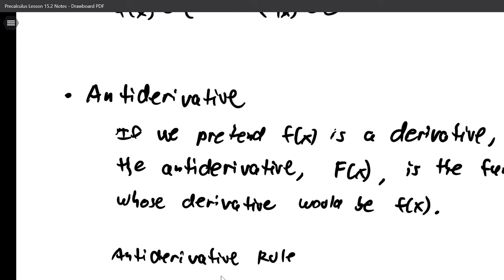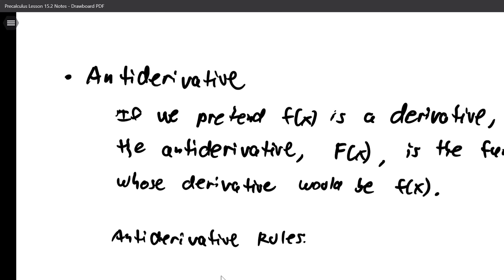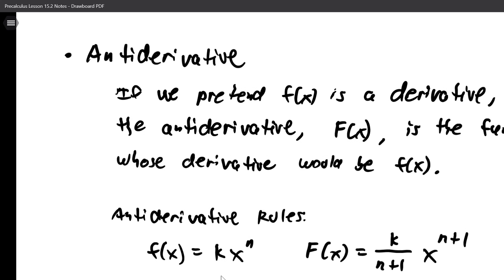We could say if we have f of x equals, again, kx to the nth, then capital F of x, the antiderivative, ends up being k over n plus 1 x to the n plus 1th power plus c. I'll explain that plus c in just one moment. And that is enough for you to get by.